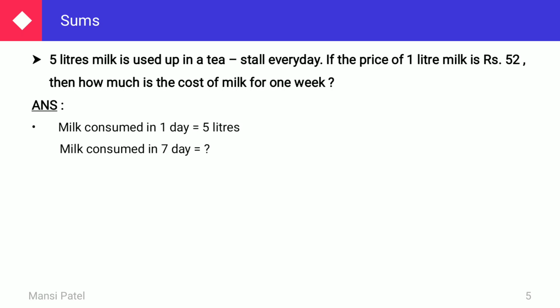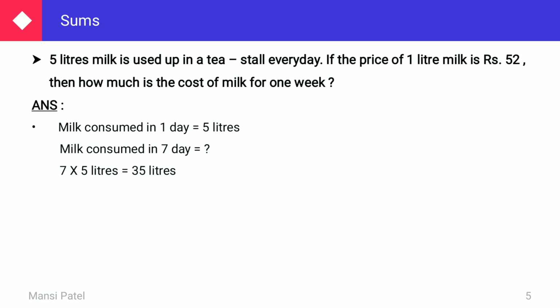Now, the numbers written in the cross, do the multiplication. So 7 multiplied by 5 liters, 7 fives are 35 liters. So we can say that in 1 week, they are using a total of 35 liters of milk.